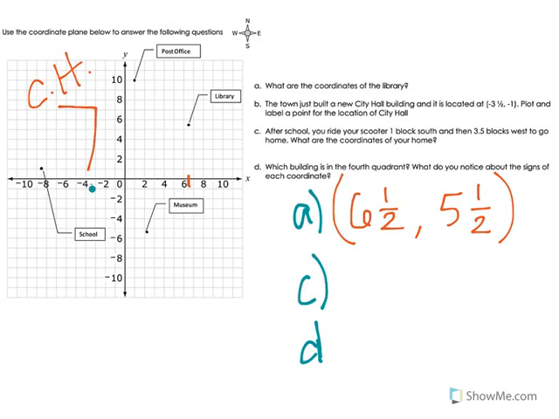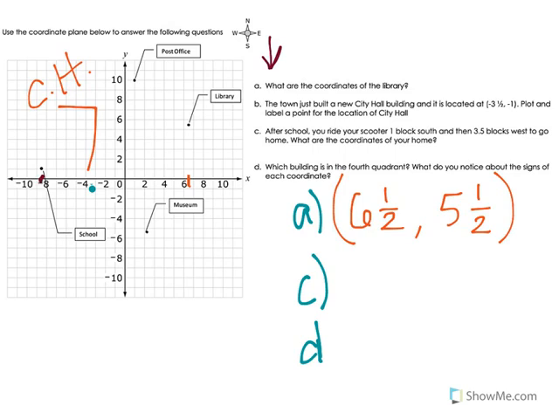So I see the school, and it says that you are going to ride your scooter 1 block south. So if I'm following my cardinal directions, south is telling me to go down on the y-axis. So if I know that the school is at -8.5, +1, and it tells me to go 1 block south, I am now going to be on the x-axis. Right there.